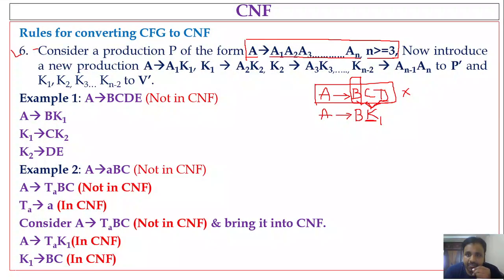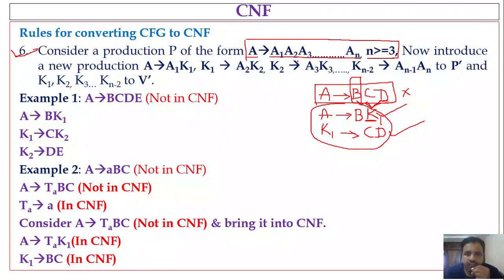That CD part can be replaced with one imaginary variable k1, right? Now what is this k1? K1 consists of CD, so you can directly write CD. Now if you observe this one, it is in CNF. A denotes B K1. Next, K1 denotes CD.